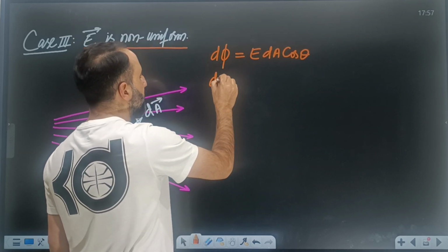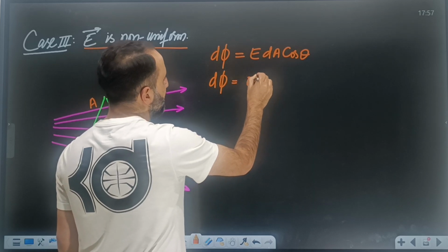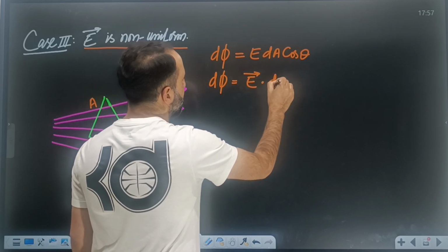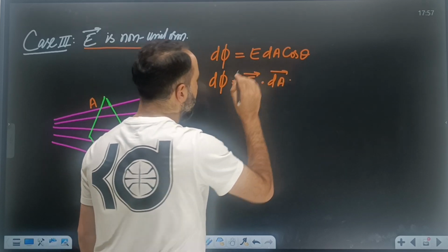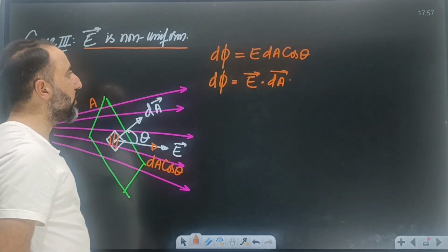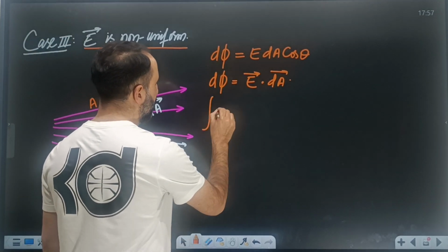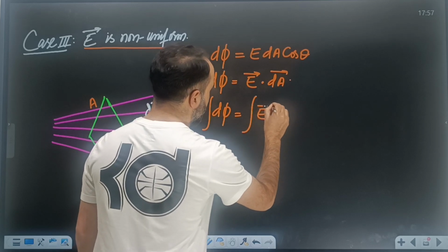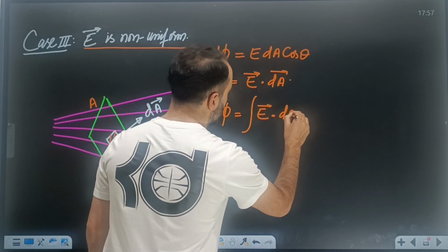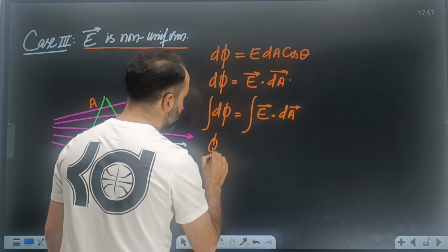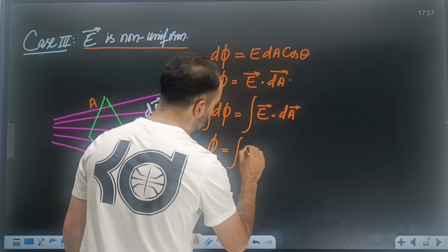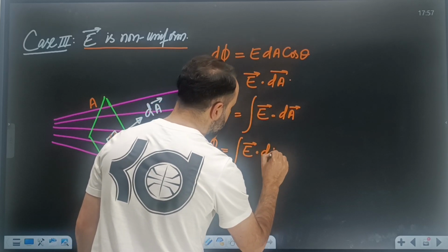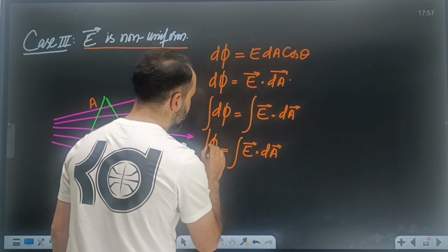Or what you can write down is d phi is equal to E dot dA, dot product of the electric field and the area vector. And if you want to calculate the total flux, just go for the integration. Integration of d phi is equal to integration of E dot dA. So that means the net flux through the surface will be equal to integration of E dot dA. This is the net flux through the surface.